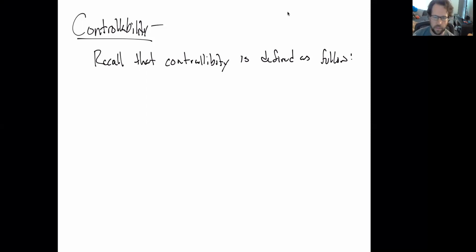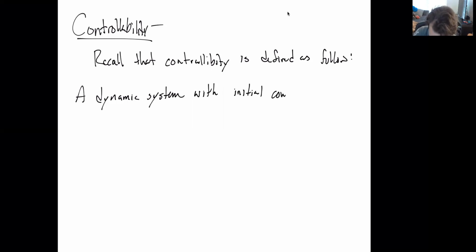Pick your system definition that I've given during classes. This definition's general. So the system with an initial condition x of t naught is equal to x naught.